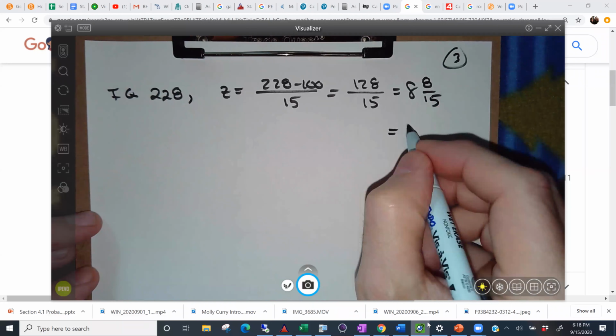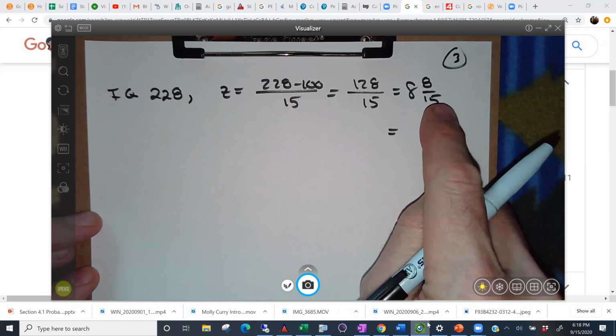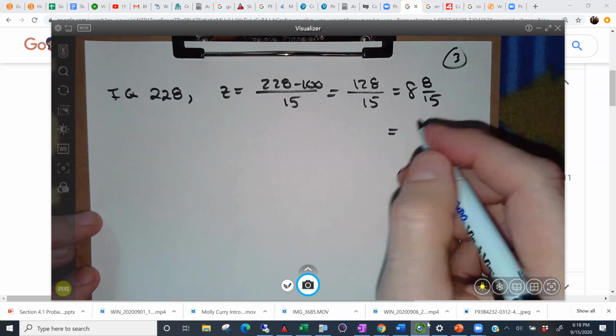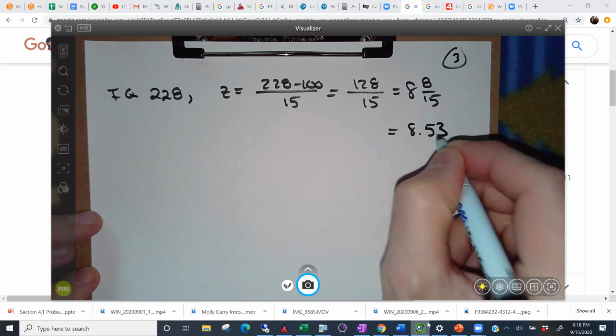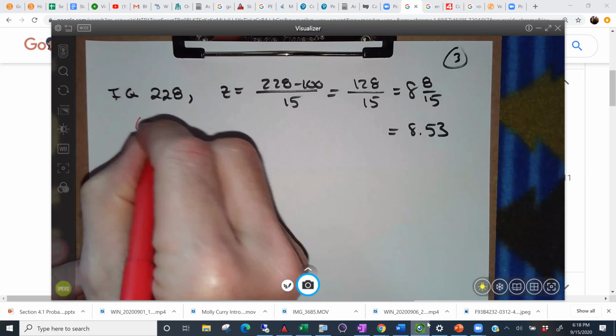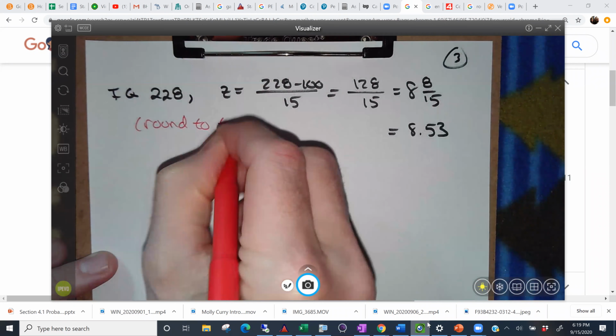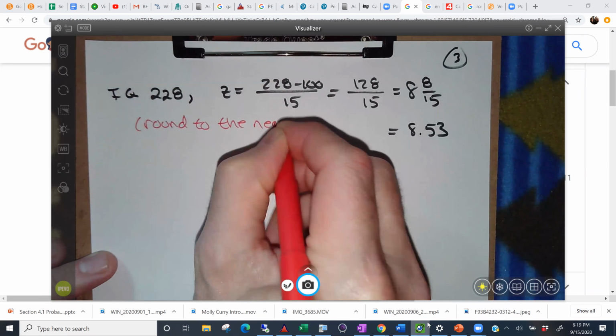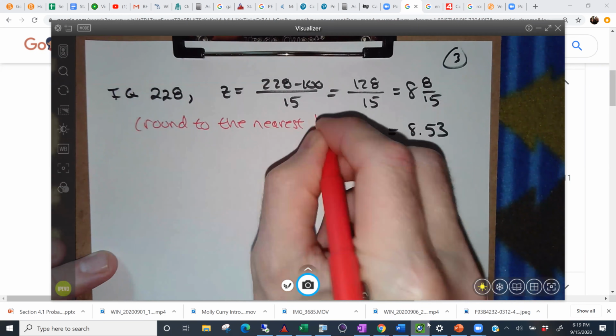Now z-scores get rounded to the nearest 100th place. So that's going to be 8.53. Round to the nearest 100th.